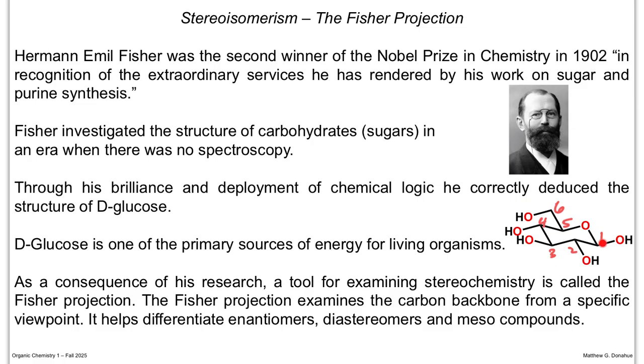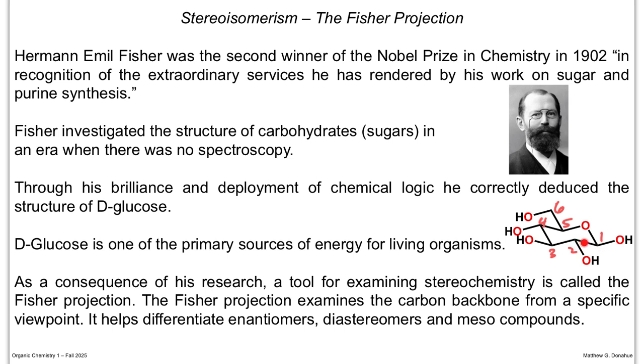Carbons 1 through 5, as drawn, are stereocenters. Carbon 1, however, can racemize in a sense, but 2, 3, 4, and 5 are set, meaning that their absolute R and S configurations will never change. Carbon 1 can racemize, as I said, but that's more of organic 2 stuff that I'm not going to talk about.